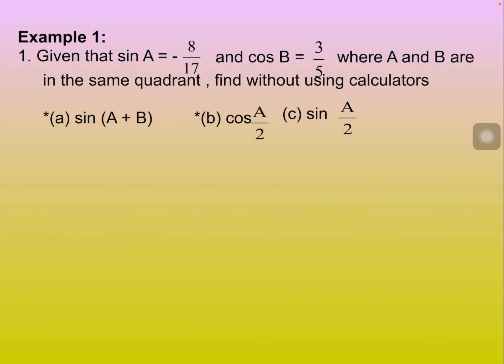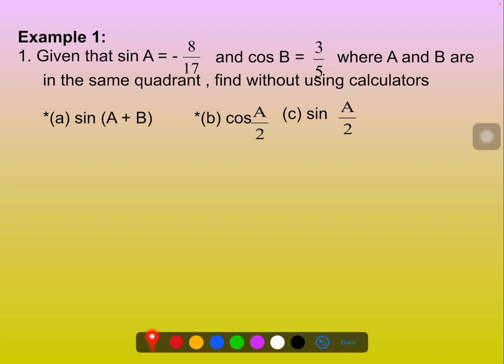Example 1. Given that sine A is minus 8 over 17 and cos B is 3 over 5, where A and B are in the same quadrant, find without using calculator (A) sine A plus B, (B) cos A over 2, (C) sine A over 2.